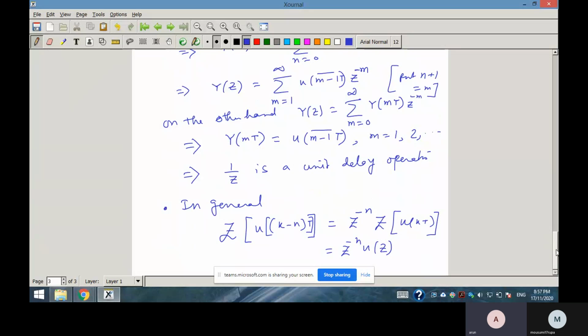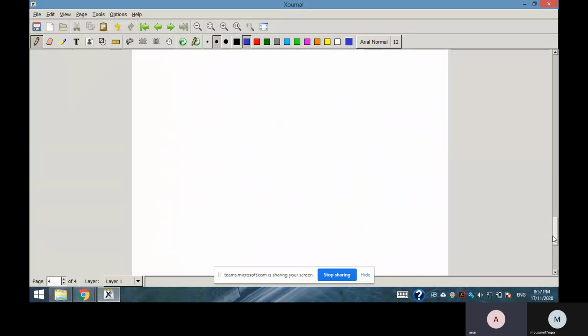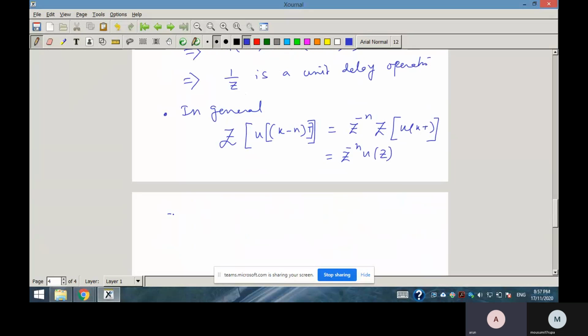Similarly, the z transformation of u of (k plus n) into t, this is also an important result. The inner bracket was not needed.